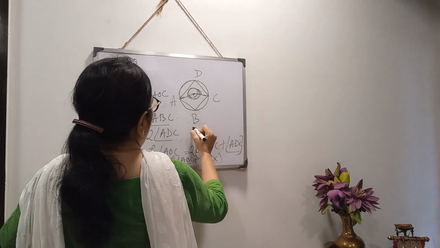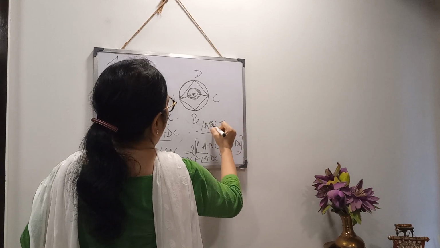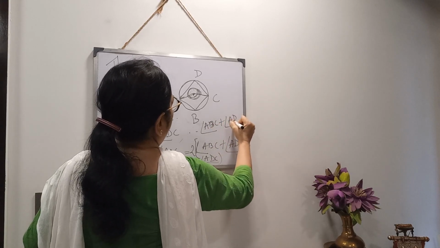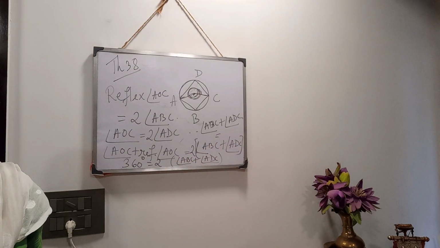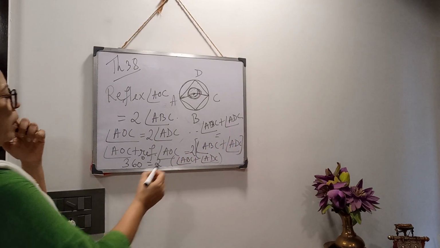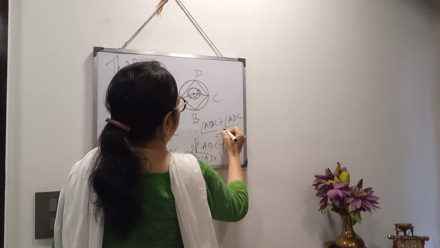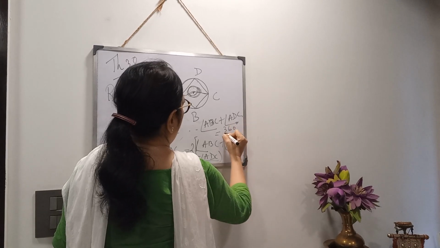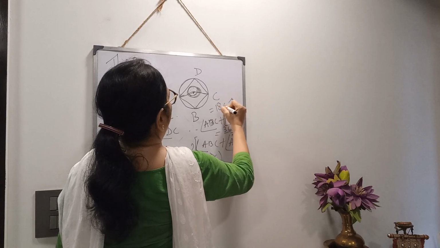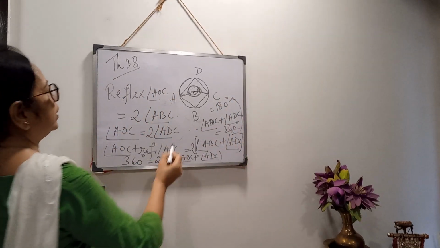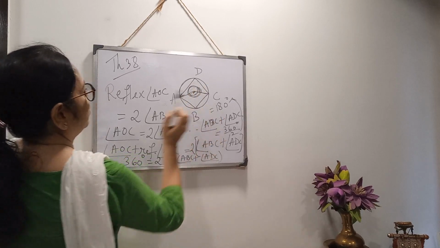So angle ABC plus angle ADC is half of 360 degrees. Now angle ABC plus ADC equals half of 360 degrees. That means 180 degrees. So we have proved here that opposite angles of a cyclic quadrilateral are supplementary.